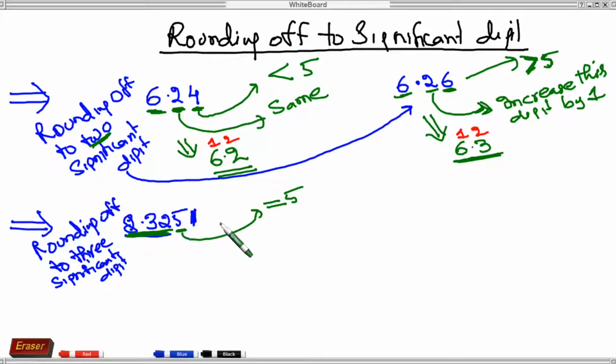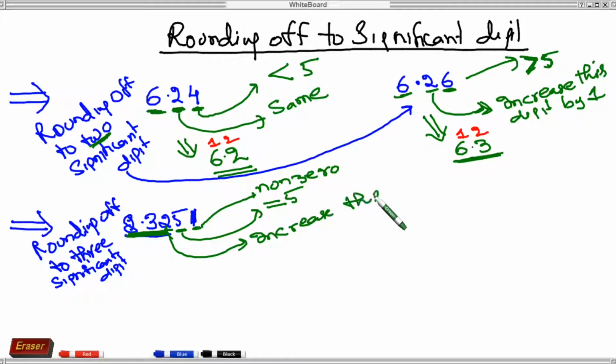So since it is equal to 5, we will check the next digit. This digit is non-zero. So in such type of cases, we will increase this digit by 1.